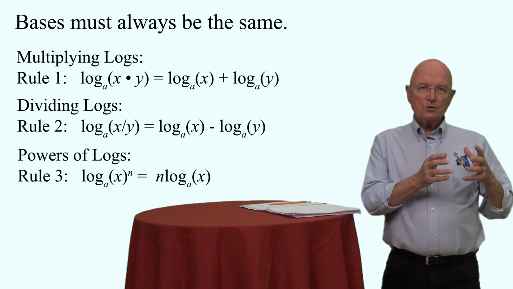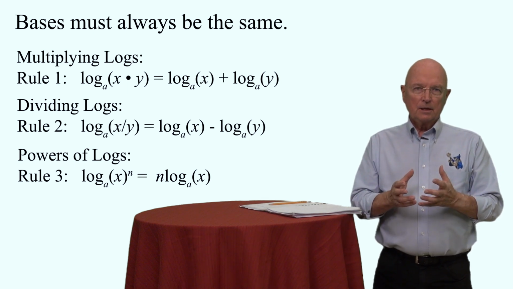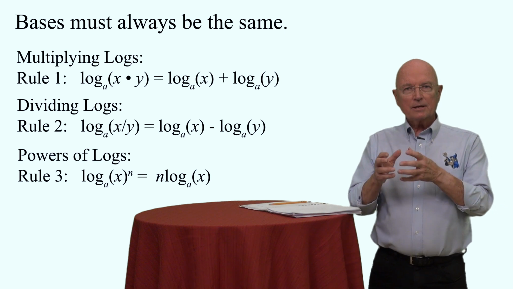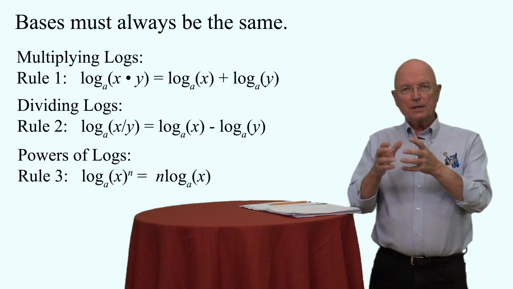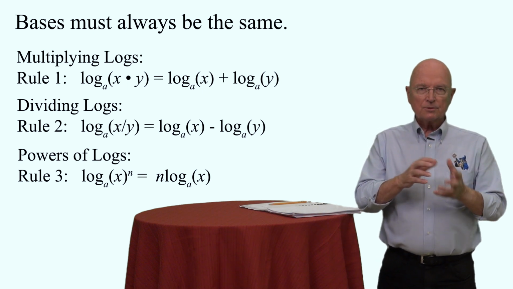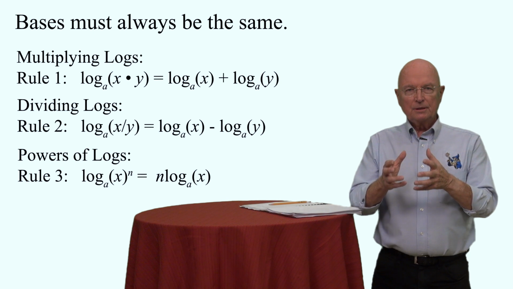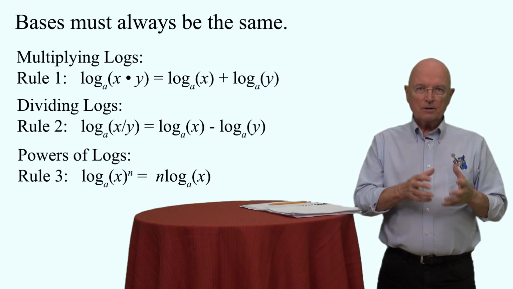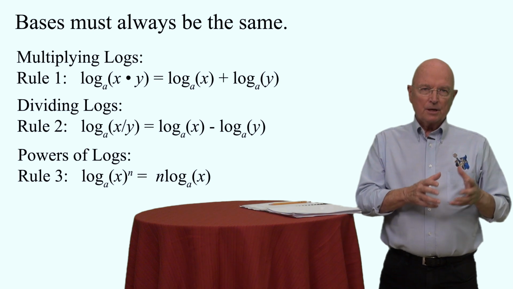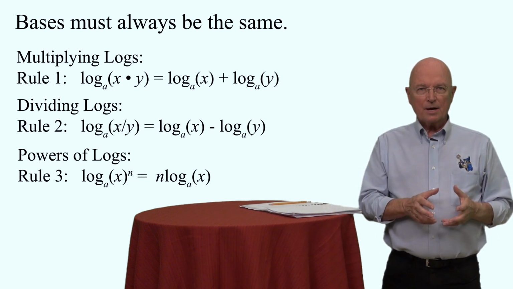So if you see log of base a, x to the n, that means you do the same thing you did with exponents. You multiply the exponent on the outside of the parentheses times the exponent on the inside. So now what we get is n, which is the exponent, times the log base a of x. So the exponent on everything inside a log becomes the multiplier.